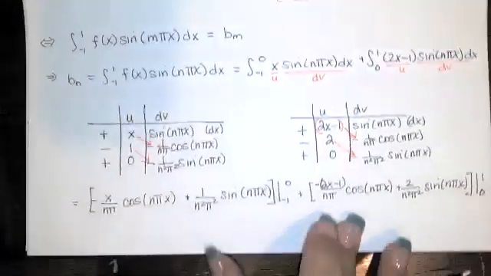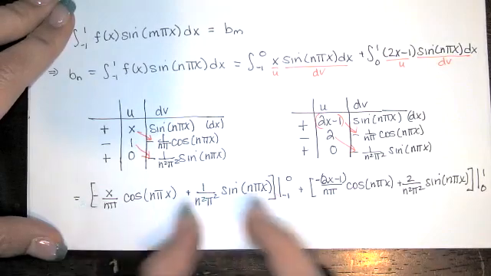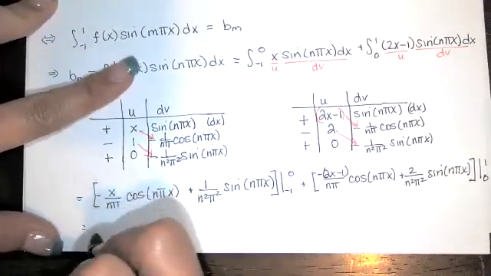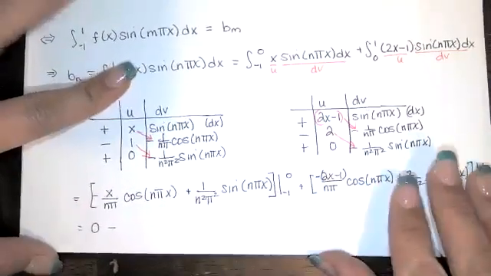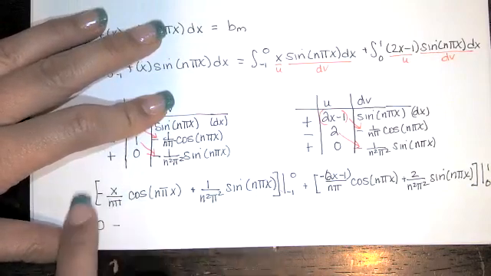All right. Now, if I evaluate this expression at 0, I've got 0 times something, which is 0, and then I've got something times sine of 0, which is 0. So we just get 0 at that upper limit. Now for the lower limit, when I substitute in -1, I've got a negative times a negative.